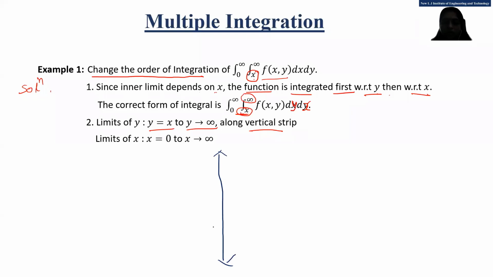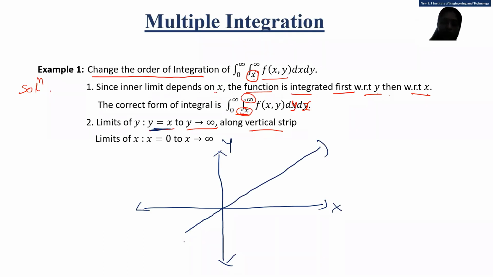Here, this is our y-axis, this is our x-axis, right? X and y. Okay. Now, first one is y equals x. For y equals x, there is a line which passes through the origin. You all know. Y equals x, right?